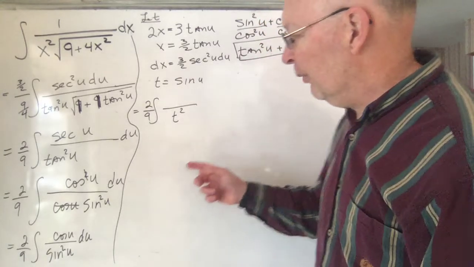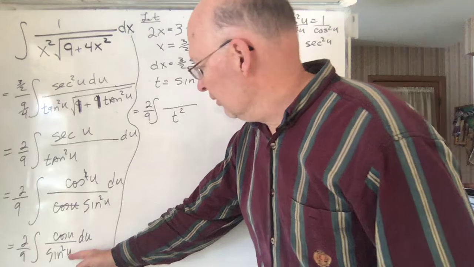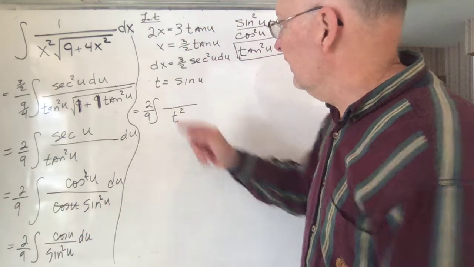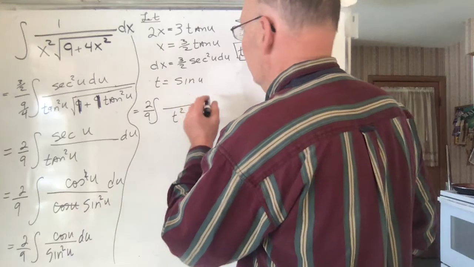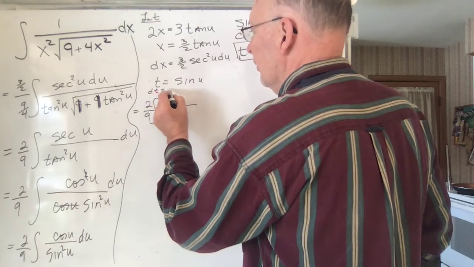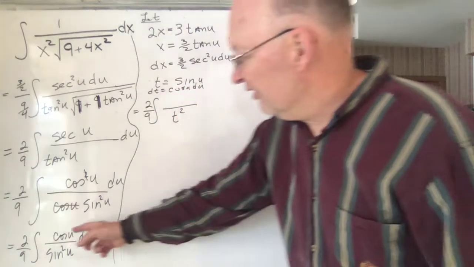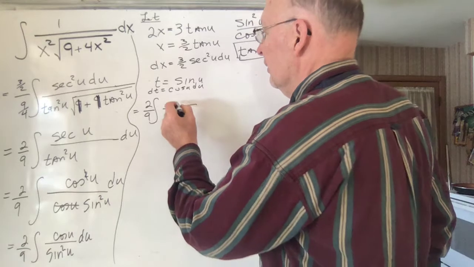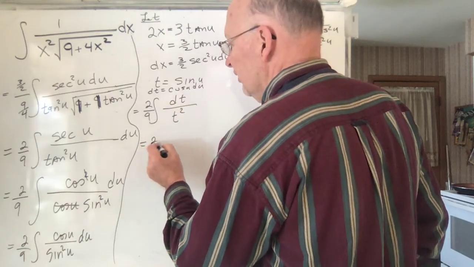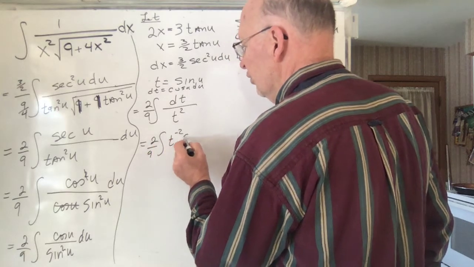Again, I'm going to just stop writing some of this stuff down because you should understand it by now. Here's your t squared. Now I have to have a dt. dt is equal to cosine of u du. Okay? So all this stuff on top becomes your dt. So it's going to be 2/9 times the antiderivative of t to the negative 2 dt.